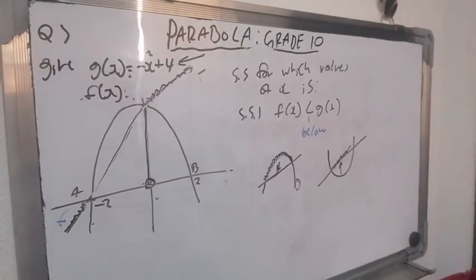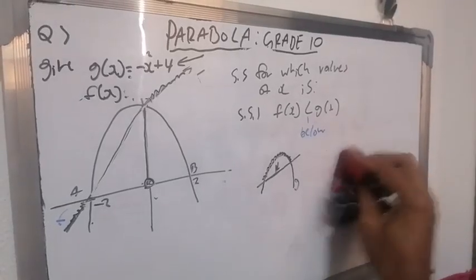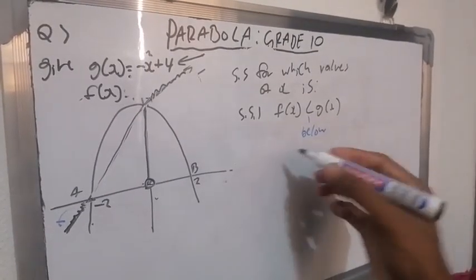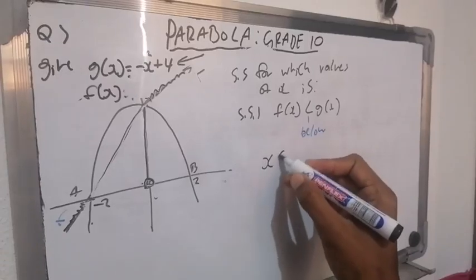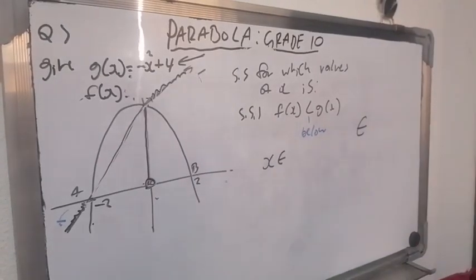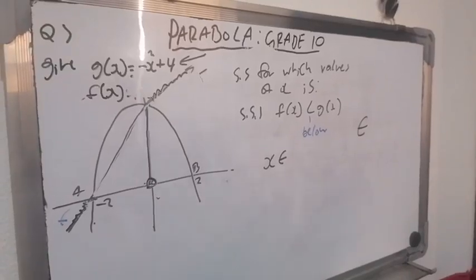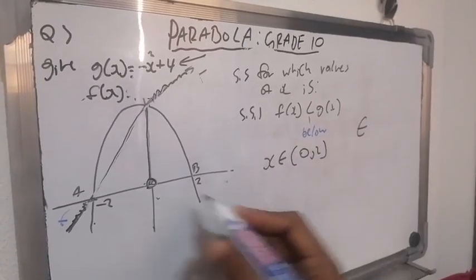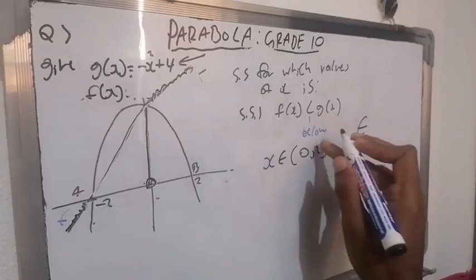So how do you answer that? You answer it like this. You tell us that the value of x where the graph is below, it's like an element. It will be between 0 and -2, like it will be from 0 up to -2.